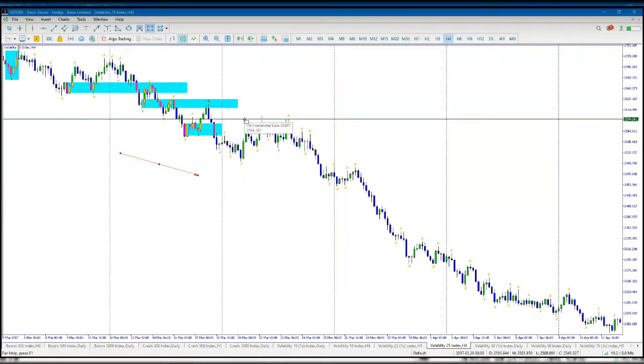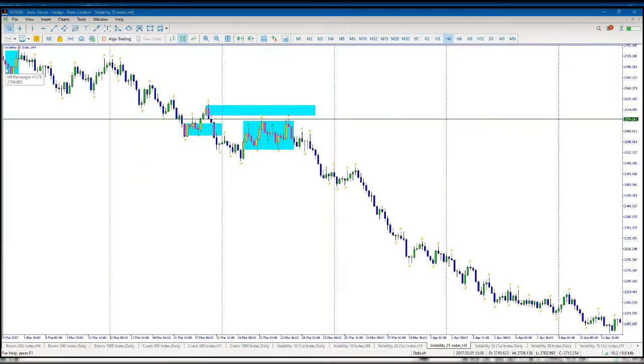Why do I call this internal movement? Our last structural point is here. And until price breaks that point, we can't assume that there is a break of structure.